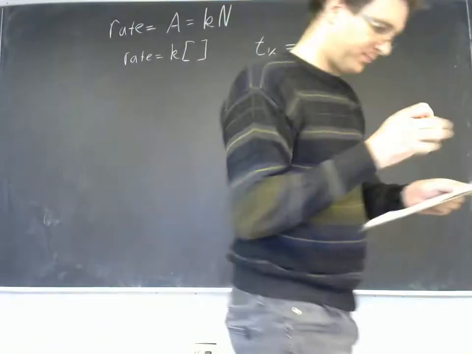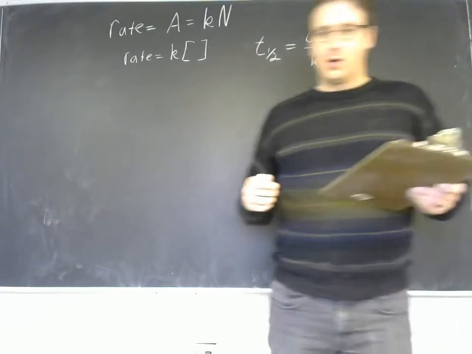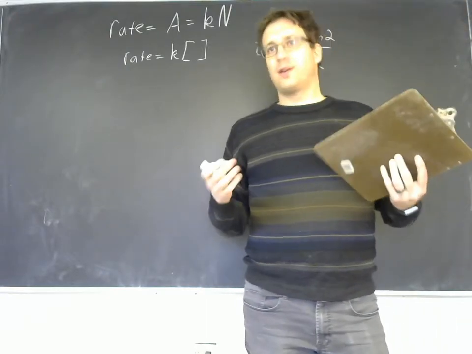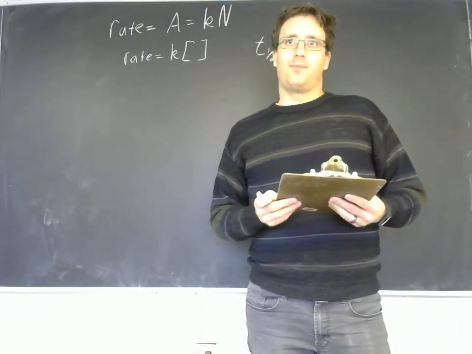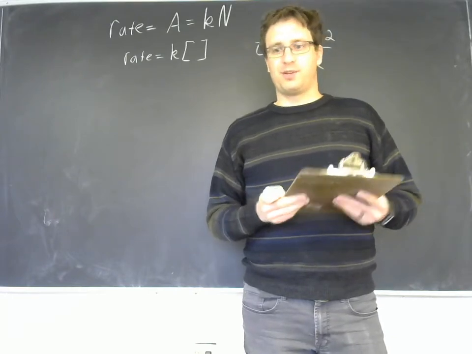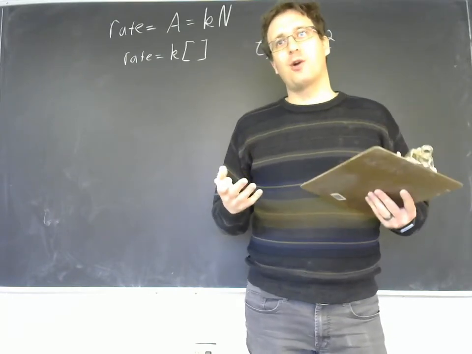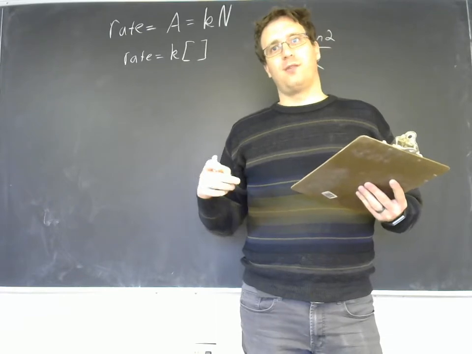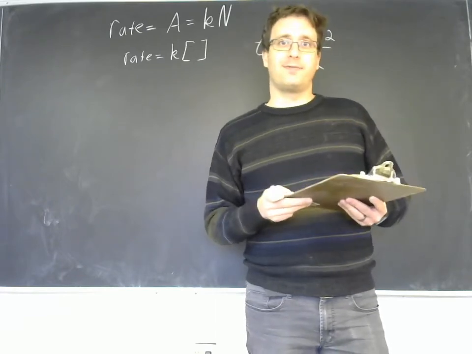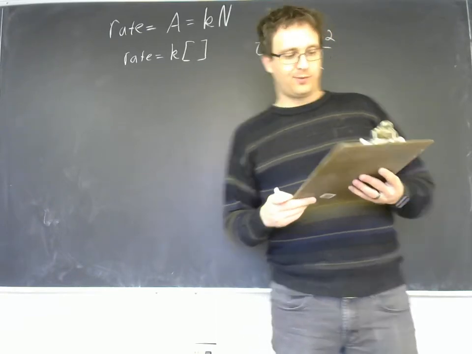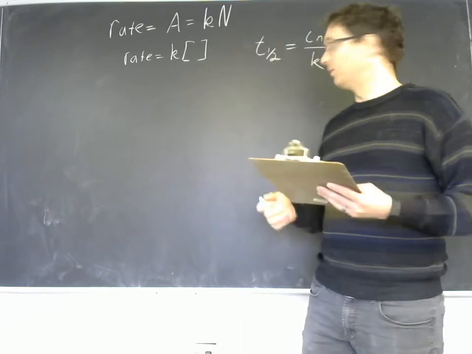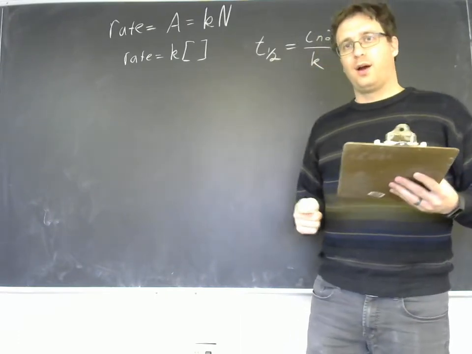Okay, so we looked at the first order integrated rate law back in our kinetics chapter, but there's a slightly different form of it that is really framed around the concept of a half-life that is going to be really useful to us when dealing with radioactivity.